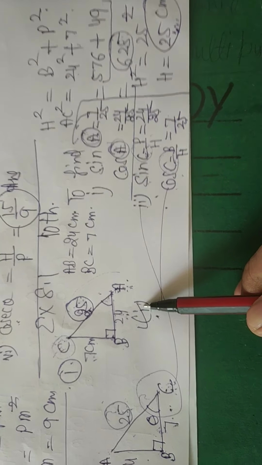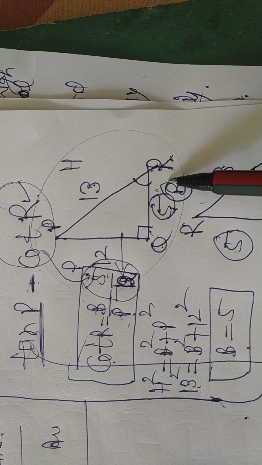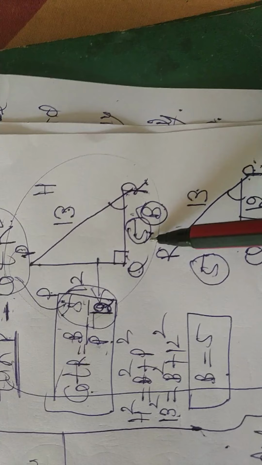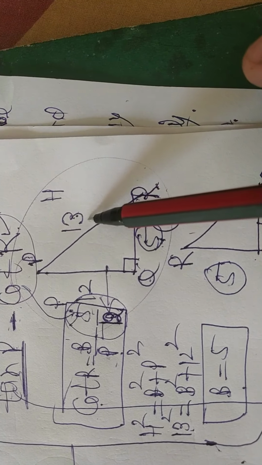Now let's come to question number 2 of exercise 8.1, class 10th. Tan P minus cot R, and this figure is already given, PQR, in which QR is equal to 5 and PR is equal to 13.